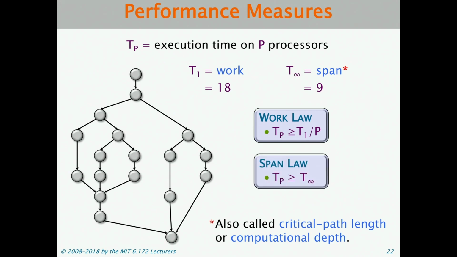All right, so let's look at another law. This is called the span law. It says that T sub P has to be greater than or equal to T sub infinity. So the execution time on P processors has to be at least the execution time on an infinite number of processors. Anyone know why the span law has to be true? Another way to see this is that if you had an infinite number of processors, you can actually simulate a P processor system.